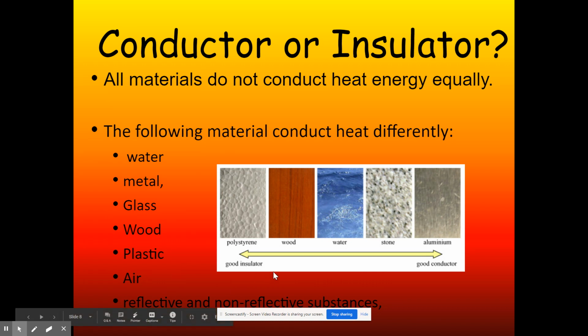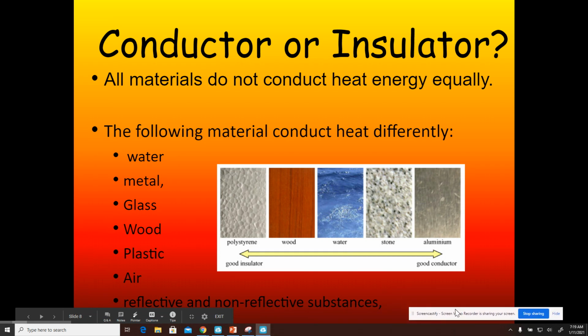If you look at the scale, with the good conductors going towards aluminum and good insulators going towards polystyrene, you can see that stone and sand are on a scale. They're both insulators, but stone or gravel or sand would be closer to a conductor than water would. Just because something is a conductor or an insulator doesn't mean that it's the best conductor or insulator.